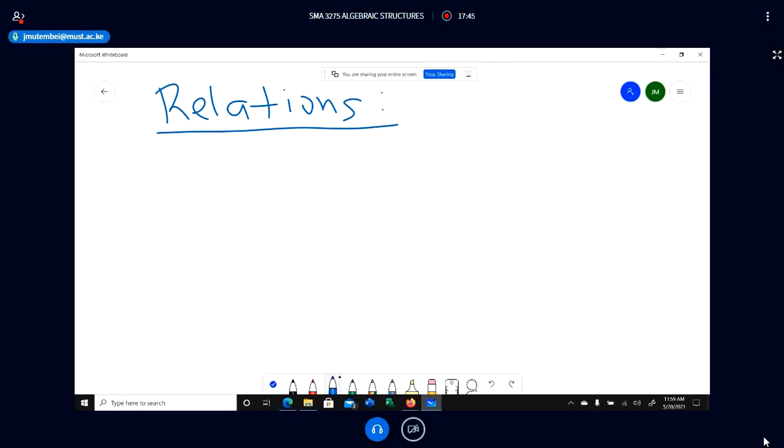So, in as far as families are concerned, a relation is a tie between some two people, just the same as the word suggests.